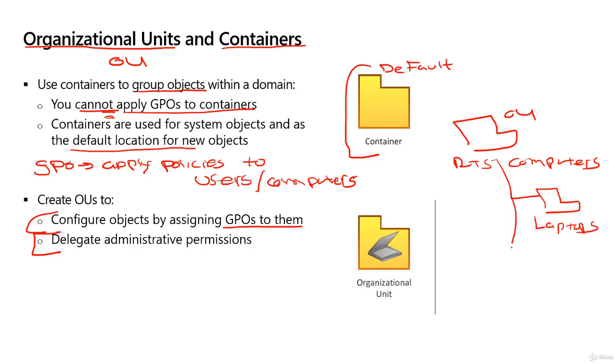You can create another child OU under it, named Desktops. With these policies, you can apply a policy at any of these levels. So I could have a policy here. I'm just going to write GPO for Group Policy Object.